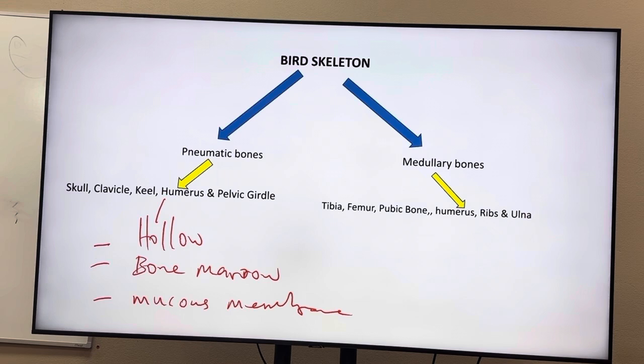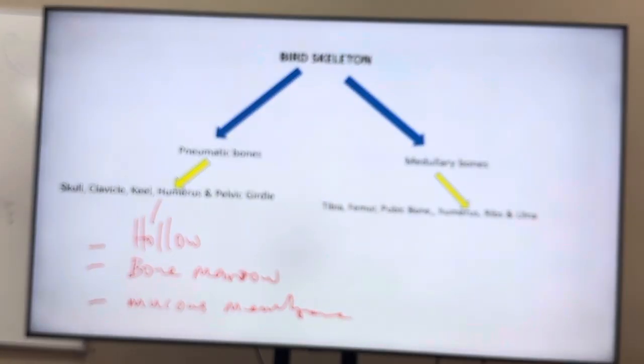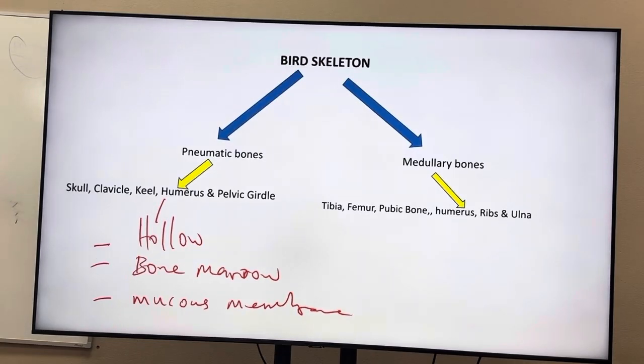From the respiratory system. Yes, the skeletal system communicates with the respiratory system. That is what this means. So please, if you have forgotten how that works, go back and review.